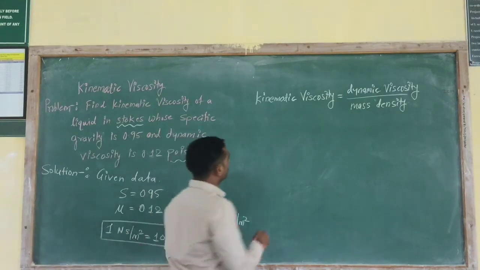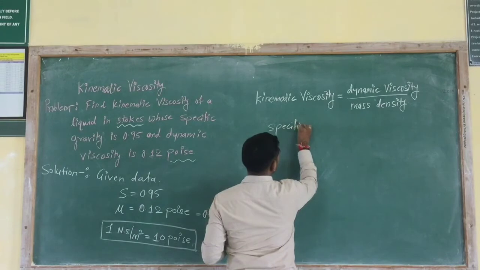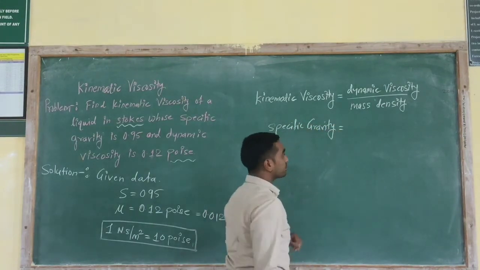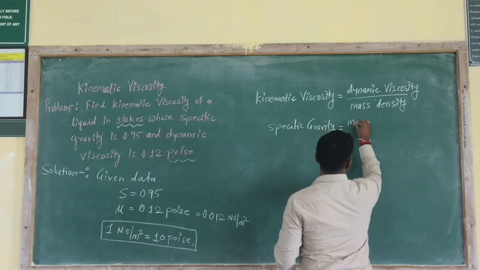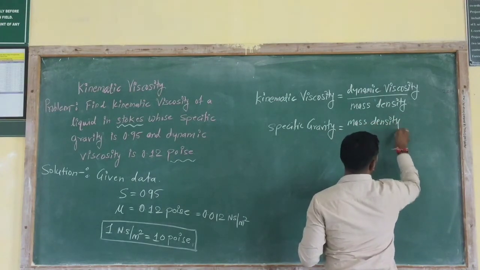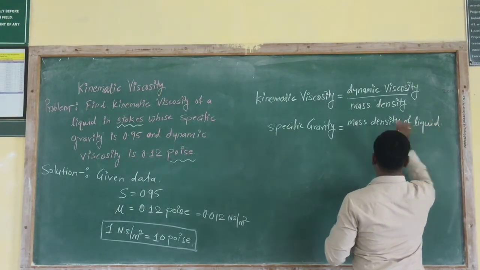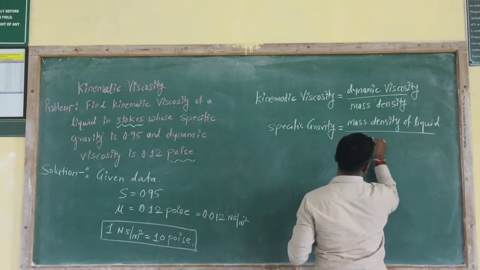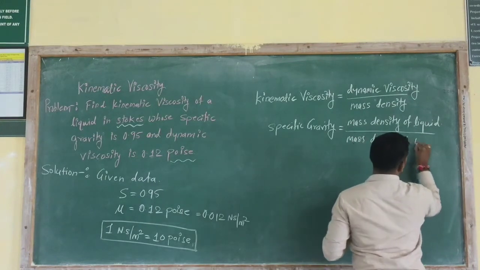Okay, so put the formula. Specific gravity is equal to mass density of liquid divided by mass density of water.